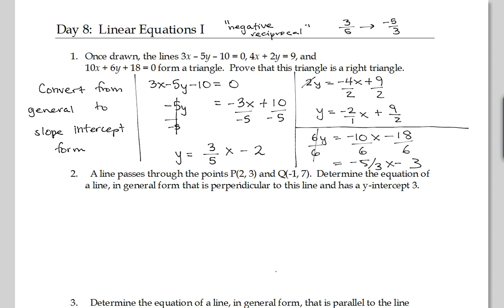The rise and the run switch places as well as the sign changes. Okay? Because for two lines to be perpendicular, no matter what, one of them has to have a positive slope and the other one has to have a negative slope. And then to get them to cross at exactly 90, the rise and the run are completely opposite.